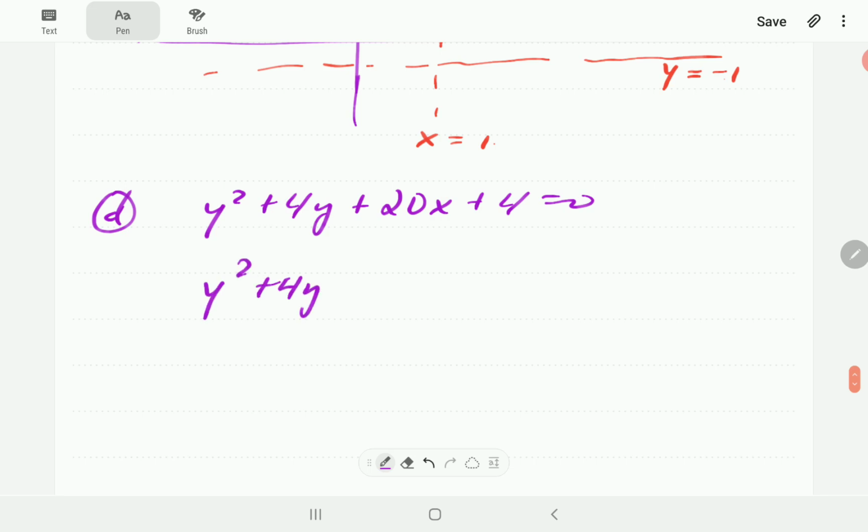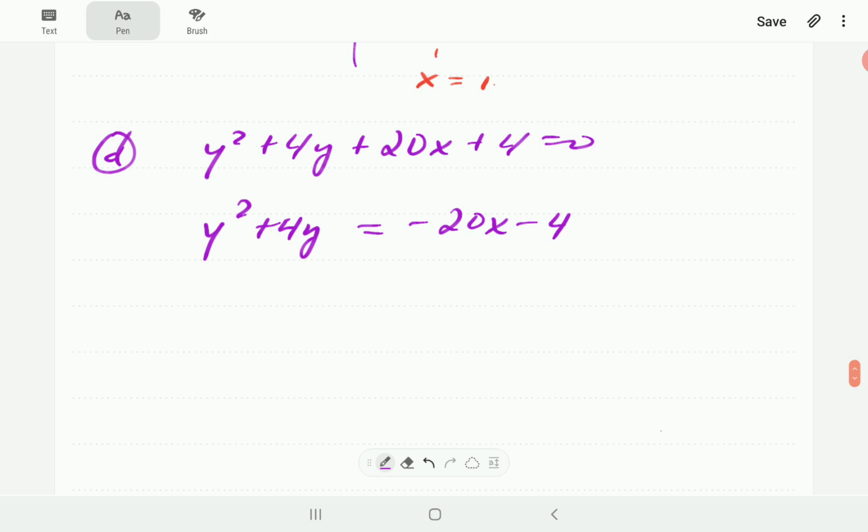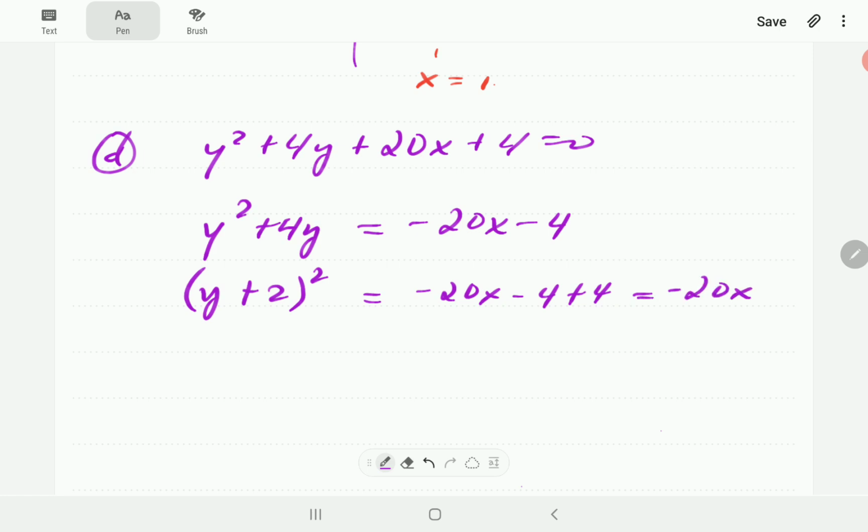So y squared plus 4y, this side, minus 20x minus 4, this side. Then we're going to complete the square here. So y plus 2 all squared, minus 20x minus 4 plus 4. So that's just going to be minus 20x.